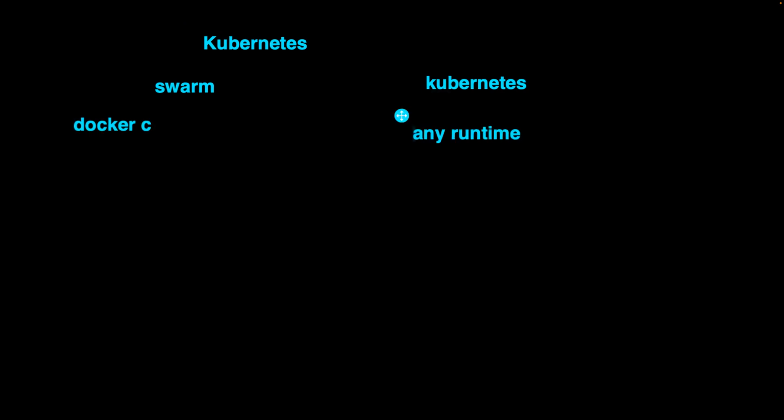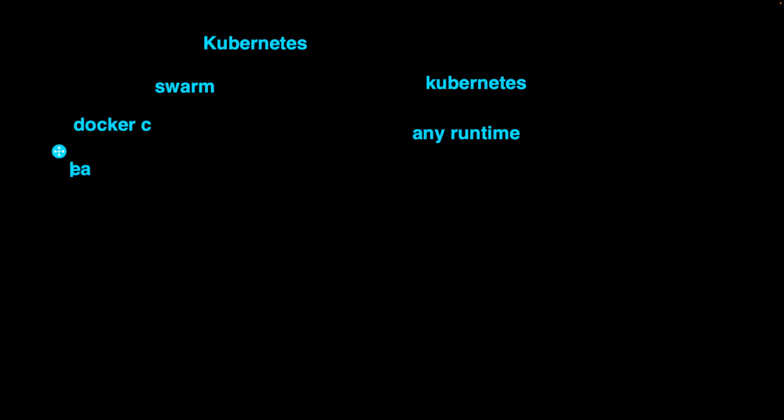Like we learned when we were learning Docker, there were different container runtimes like Docker, Rocket, LXC, CRI-O, and so on. So Kubernetes can orchestrate containers from any runtime, whereas Swarm can manage only Docker containers. That's one of the differences.